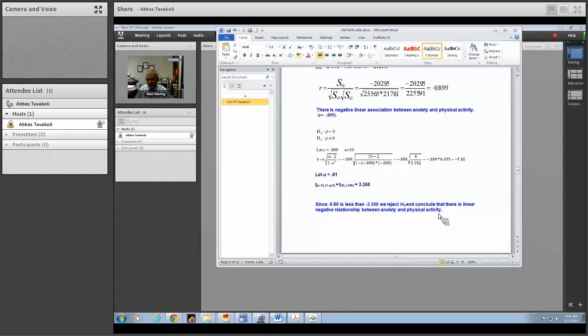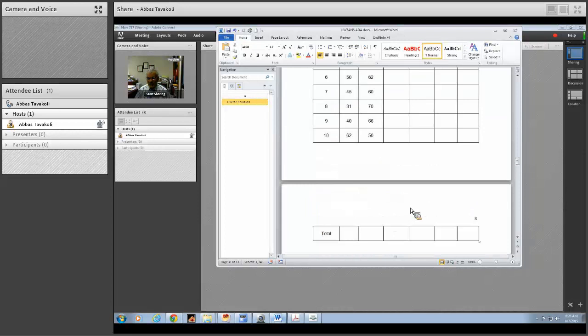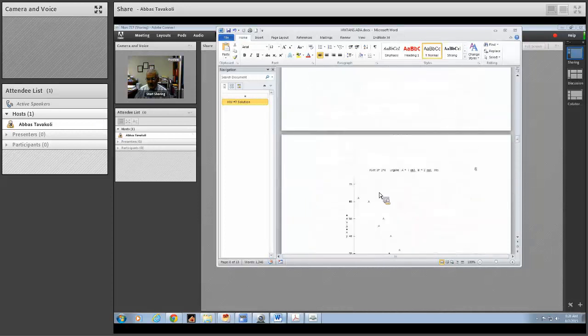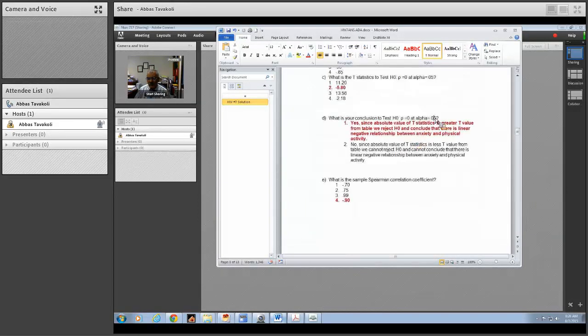We reject the null and conclude that there is a linear negative relationship between anxiety and physical activity. So for the exam, with alpha 0.01 here instead, again the correct answer is yes.